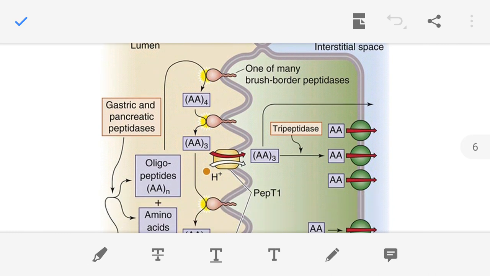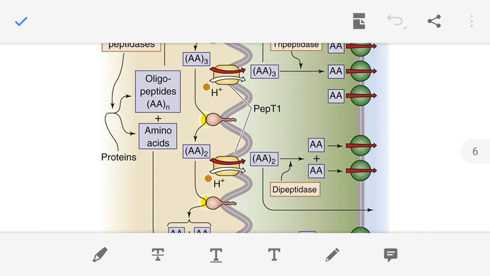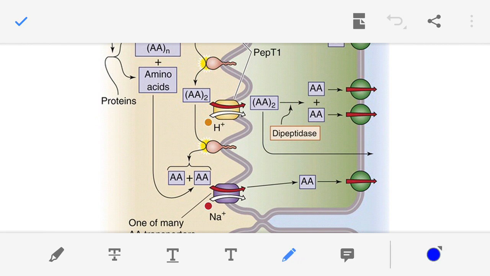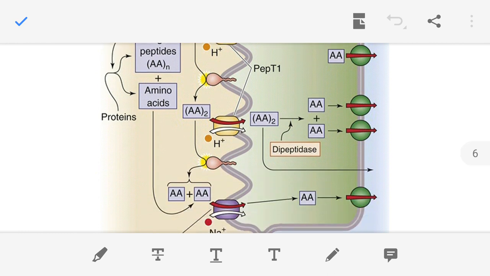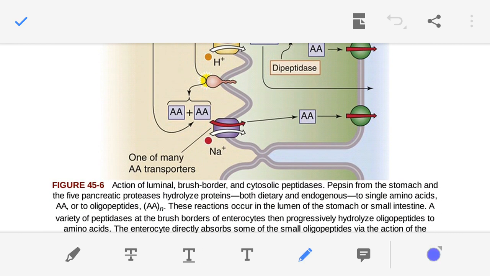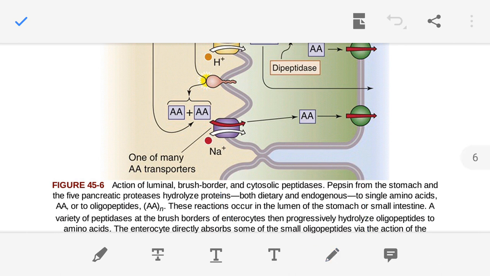This one is also an enterocyte cell of the small intestine, and this green part is the cytoplasm of the enterocyte. Then here also this is an epithelial cell of the small intestine.